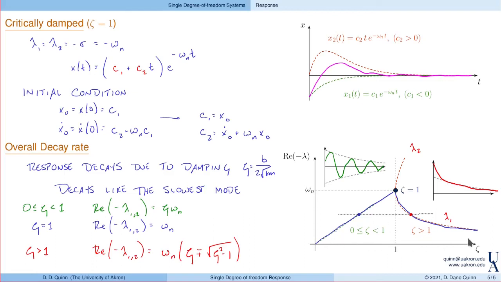So in general, this is how systems decay as we vary the damping. Remember that the damping ratio, if K and M are fixed, can be identified with B. So there's some intermediate level of damping that gives us the fastest decay. So that's our system response as we vary the different parameters.